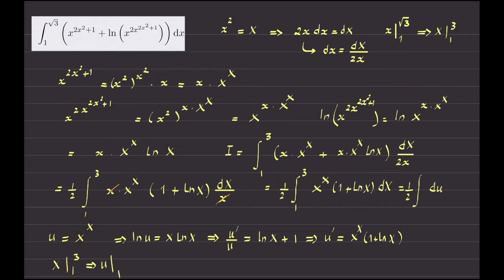And instead of capital X, I put 3, so the answer becomes 27. So this becomes 1 over 2 integral from 1 to 27 du, and that is just 1 over 2 times 27 minus 1, which is 26. So the answer becomes 13, and this will be the answer to this integral.